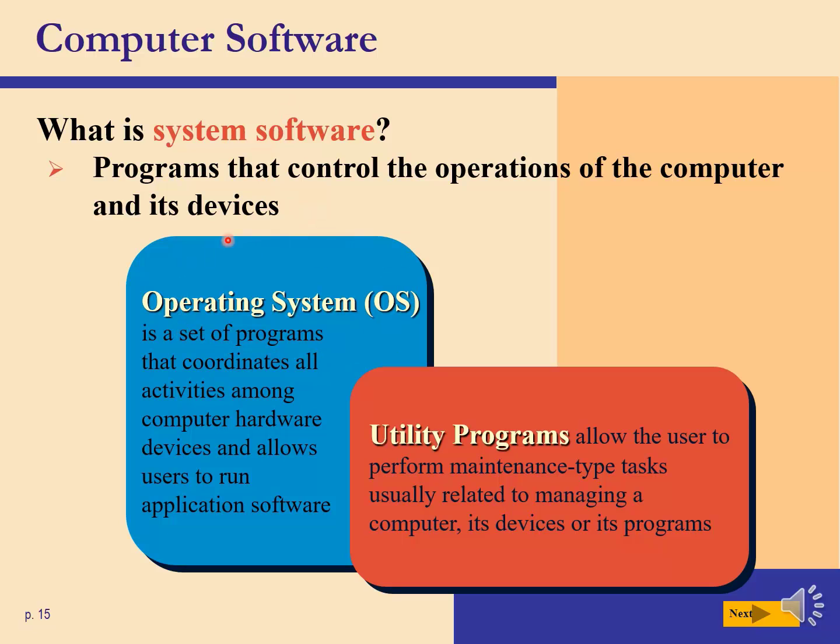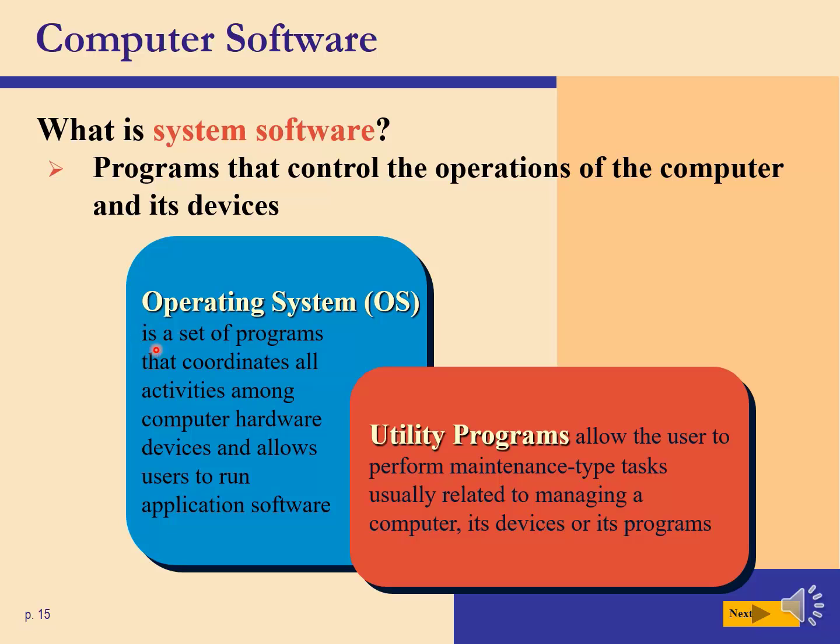The software can be operating systems or utility programs. Operating system is the control of the computer, and utility programs are any programs that you want to use, for example programming languages and any applications like Office or etc.